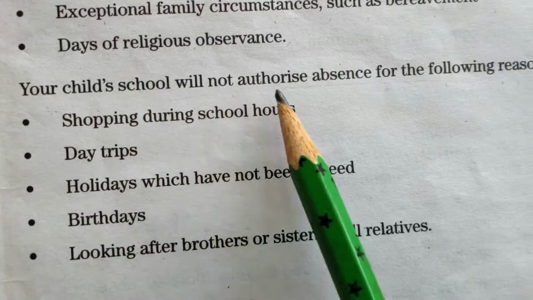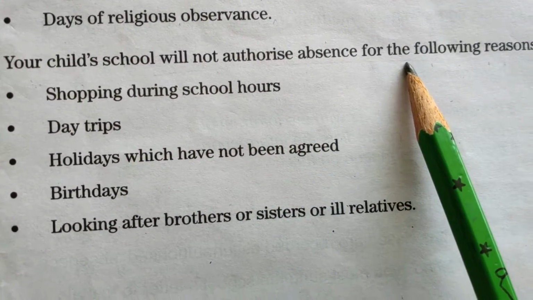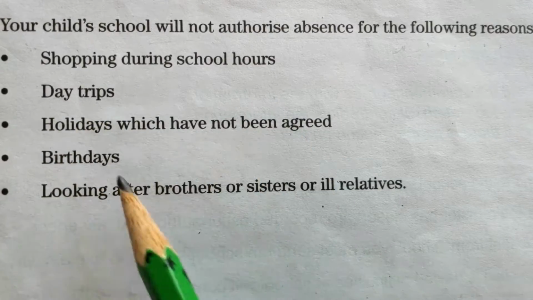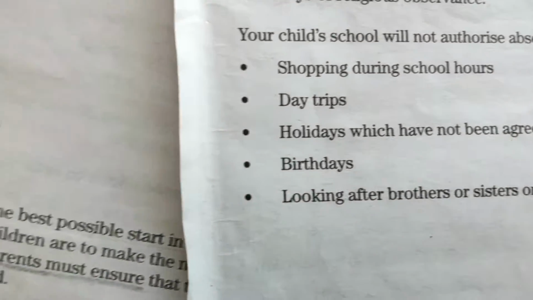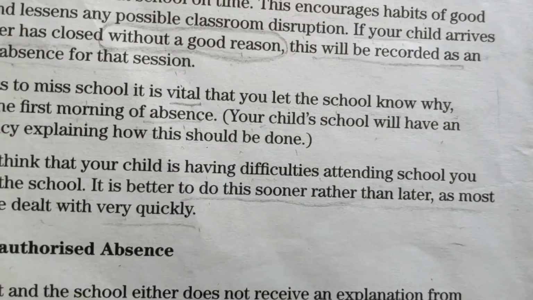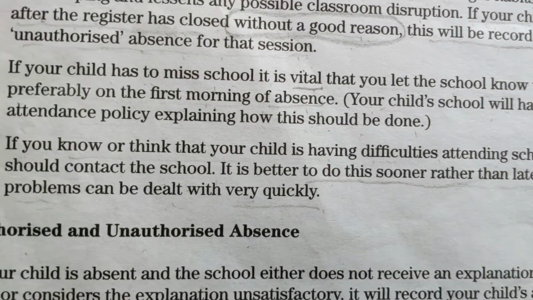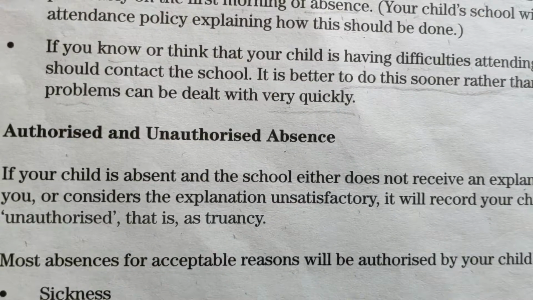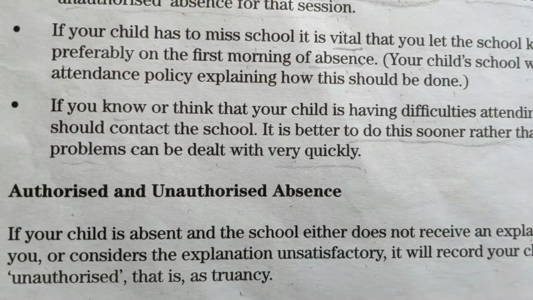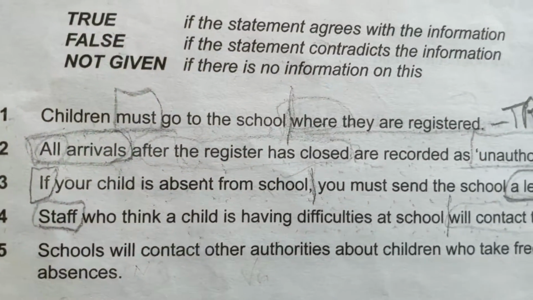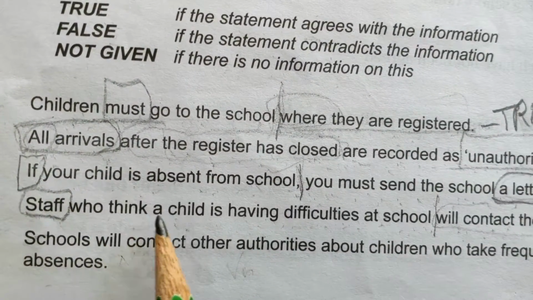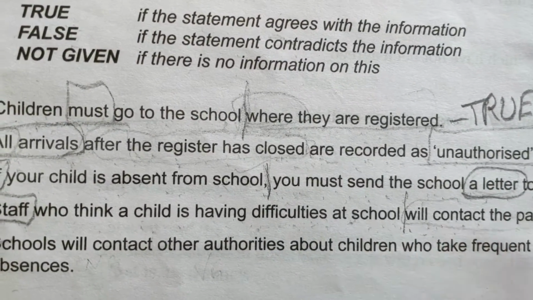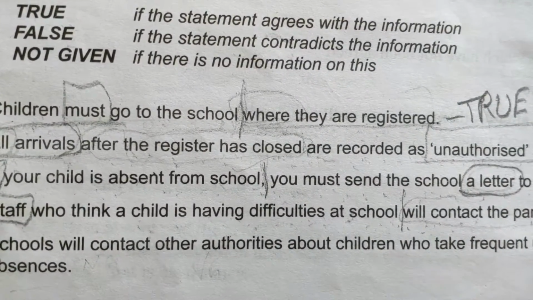Your child's school will not authorize absence for the following reasons: shopping, day trips, holidays which have not been approved. Okay, in both the pages there is nothing written about staff will contact parents. So in this way, staff who think a child is having difficulties at school will contact the parents is not given.